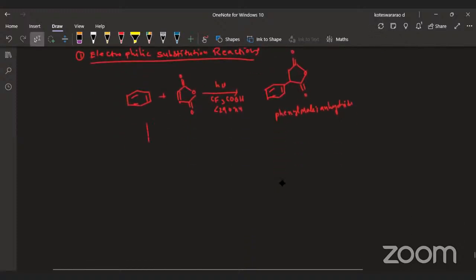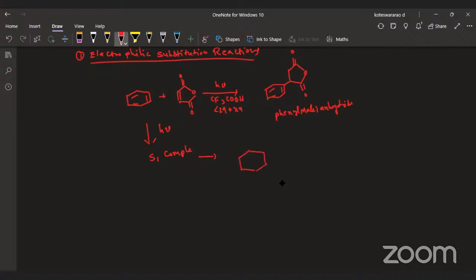It is generally a ground state complex of benzene with maleic anhydride. Whenever we irradiate, it directly produces the S1 state of that complex. A simple complex will be generated between the pi system of the benzene and the pi system of the maleic anhydride. Then that leads to the formation of a zwitterion, meaning the positive and negative charges are both in the same molecule.